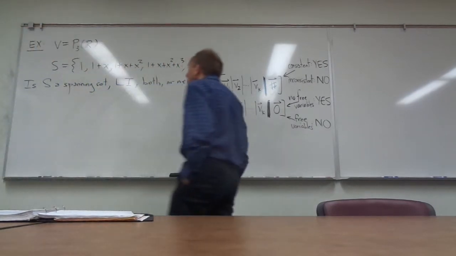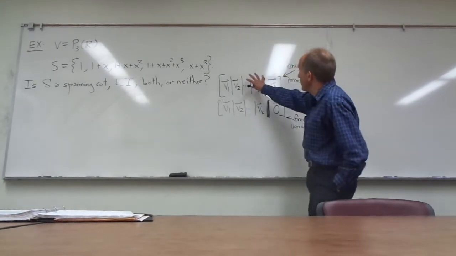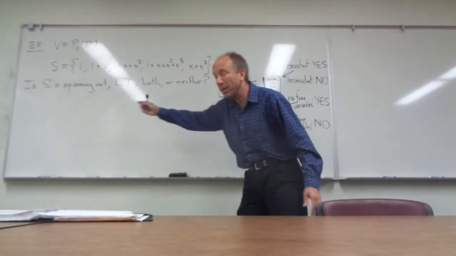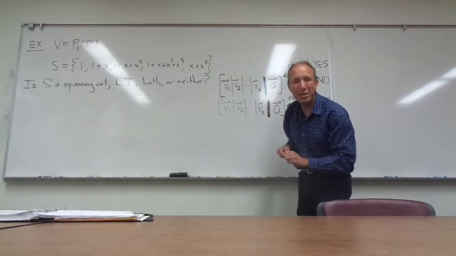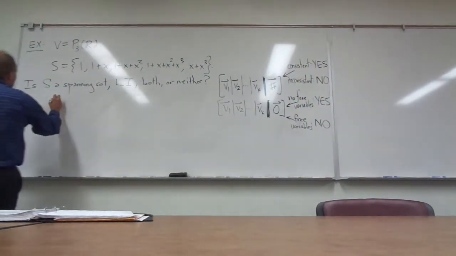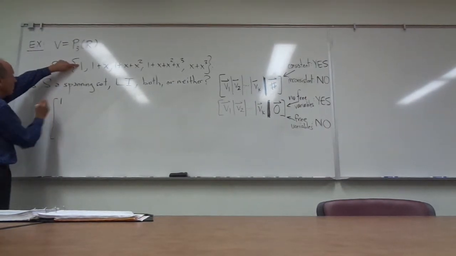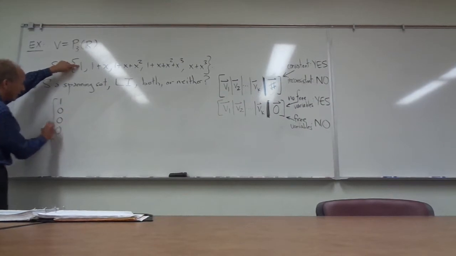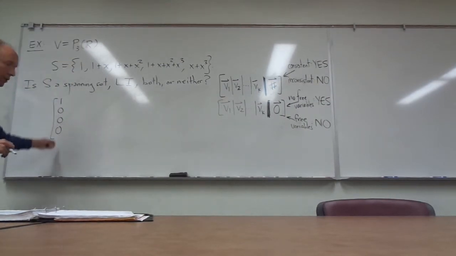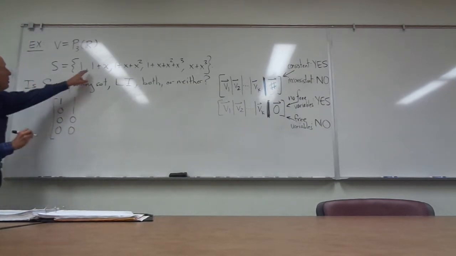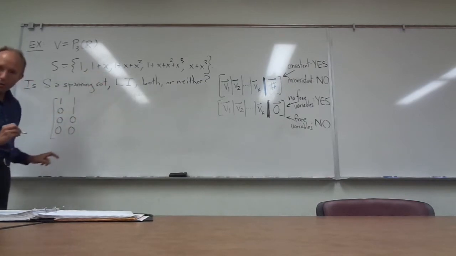Well, for answering both of the two questions, the spanning set question and the linear independence question, I'm just going to build this matrix right here. In the first column, I'm going to put the first polynomial, which is just a constant polynomial of 1. It does not have an x or an x squared or an x cubed coefficient, so I'll put zeros down the rest of that column. The second polynomial, 1 plus x, would be represented as a 1, a 1, a 0, and a 0, right?